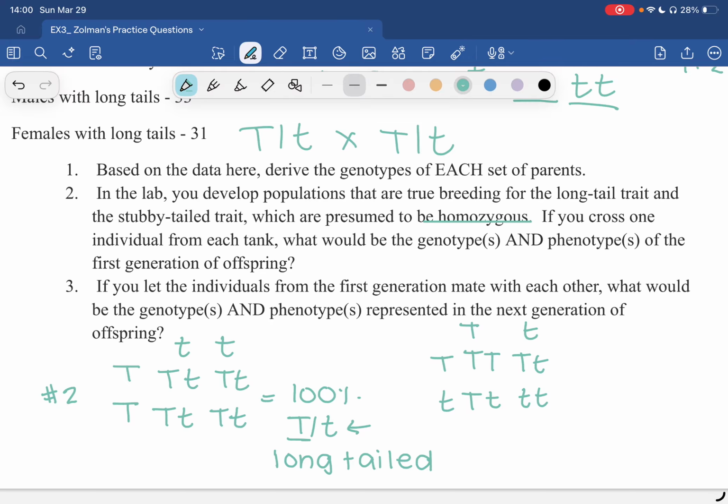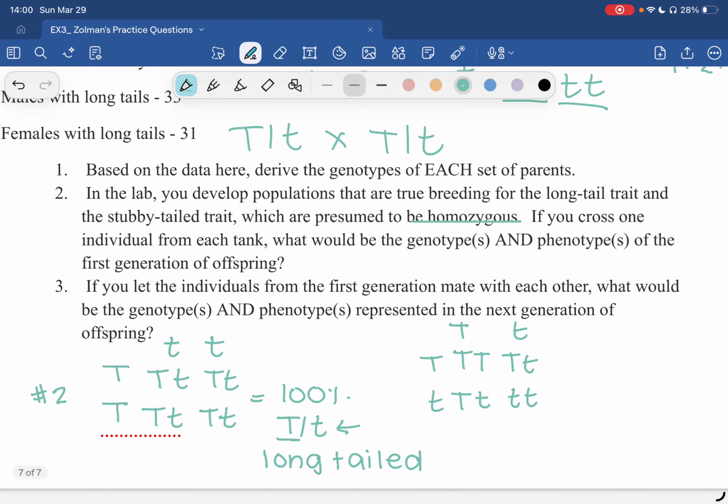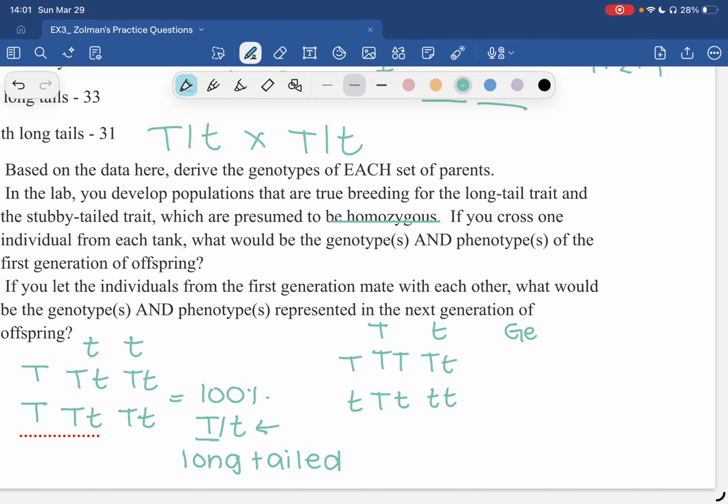So again, you'd see the genotype would be 1 to 2 to 1. You'd have one that's homozygous dominant, 2 that are heterozygous, and then 1 that is homozygous recessive. So you could say 1/4, 1/2, or 2/4, whichever you would prefer to write, and then 1/4 here.